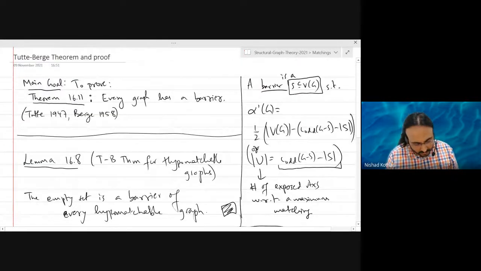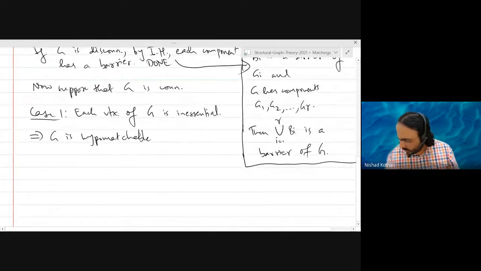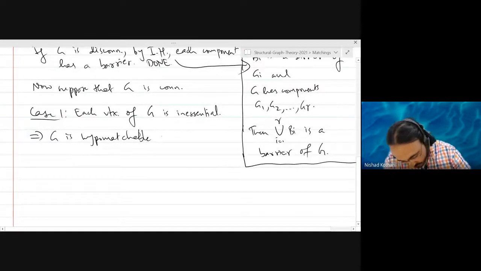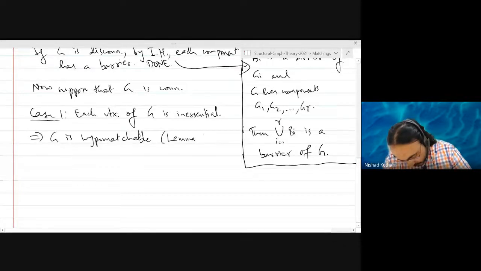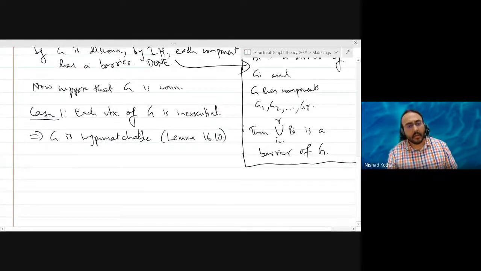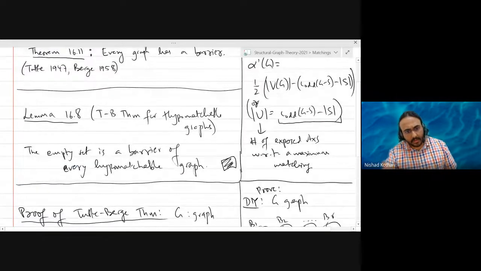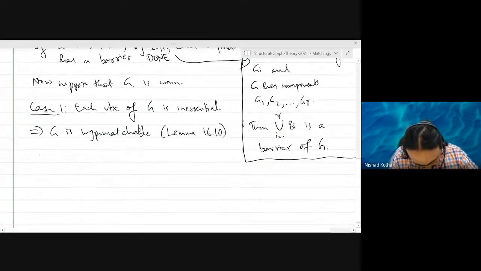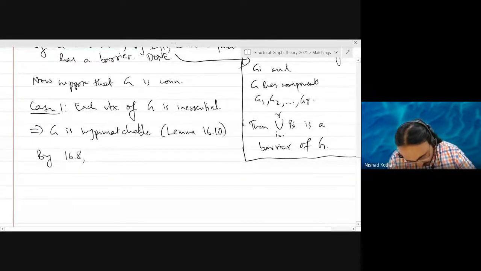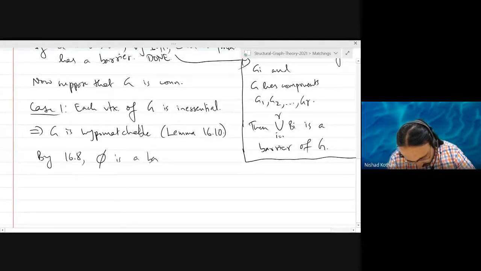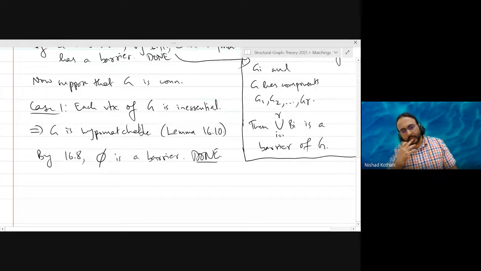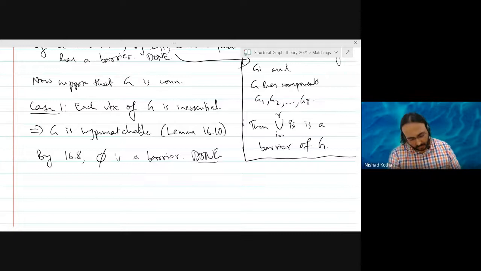This is due to lemma 16.10, if I'm not mistaken, which we proved yesterday, right? And if it is hypomatchable, then we are done because the empty set is a barrier. We just want to show that the graph has a barrier. So by 16.8, the empty set is a barrier, and we are done. Okay, so this is basically our base case, which we've already proved yesterday.